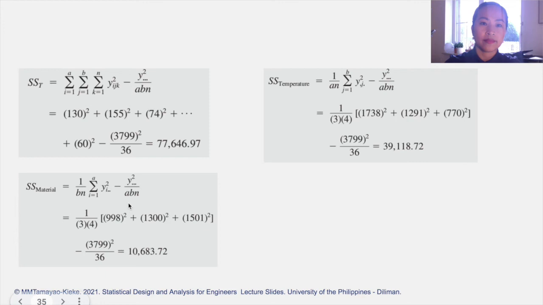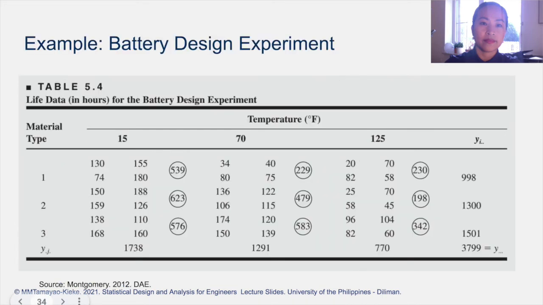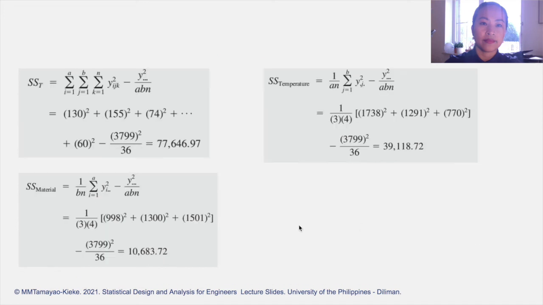So in our example, that would be 1 over 3 temperature levels times 4 replicates, and then you have 3 totals because you have 3 levels for material type. So you have 998 squared plus 1300 squared plus 1501 squared, minus the grand total squared over abn again.